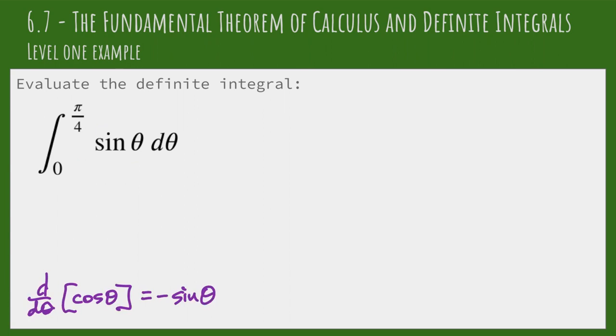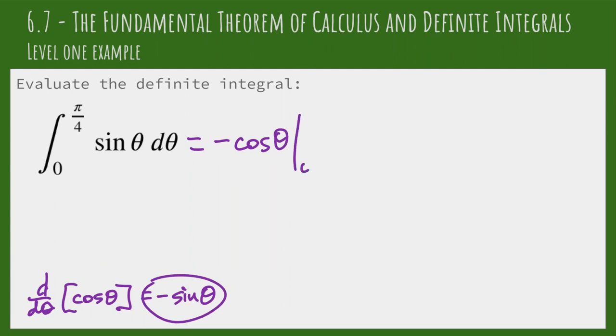So if we're reversing this, the antiderivative of the opposite of sine of theta would be cosine of theta. Well, we have positive sine of theta here, which means that we're going to use the opposite of that. Okay, so the antiderivative of sine of theta is the opposite of cosine of theta.